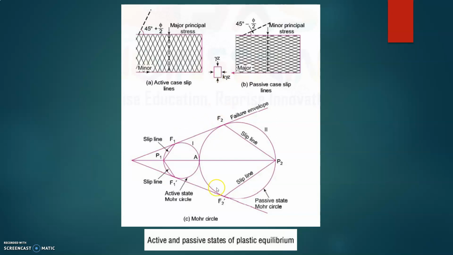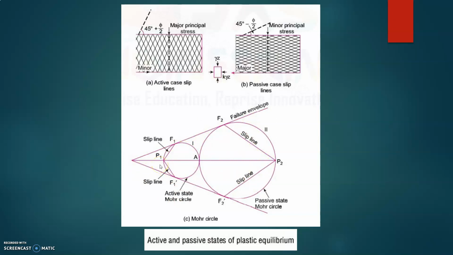Let us discuss this Mohr circle. The figure shows the active and passive states of plastic equilibrium in a non-cohesive soil with a horizontal ground surface. Now let us consider cohesionless soil, where c is equal to 0. This is the active state, this is the passive state.